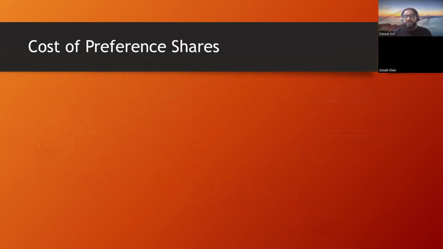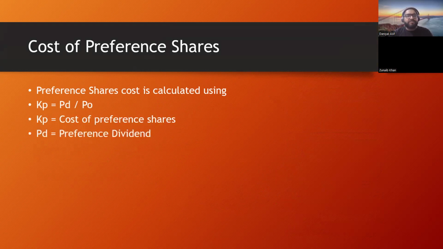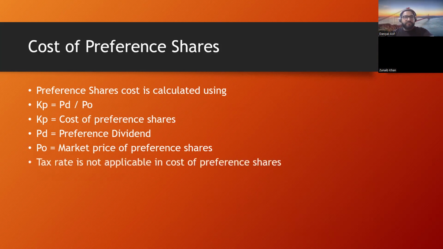Now, first one, preference shares. Preference shares cost is calculated using KP equals PD over P0, in which KP denotes cost of preference shares, PD denotes preference dividend, P0 denotes market price of preference shares. When I'm saying P0, it means P naught, which is market price of shares.